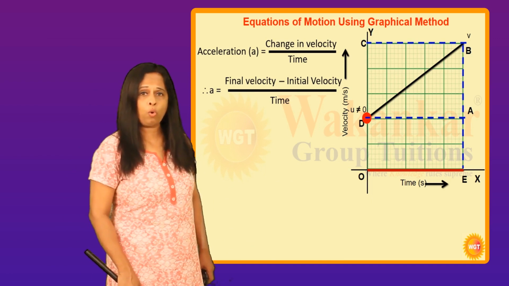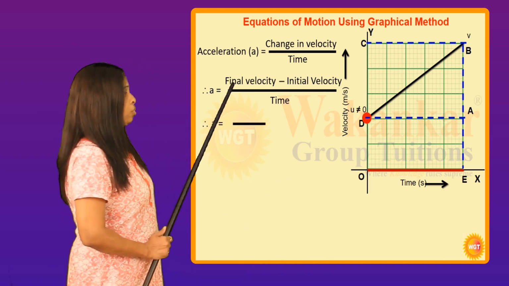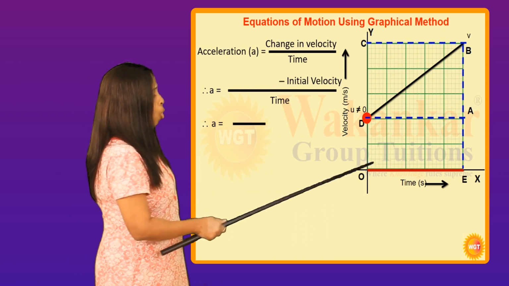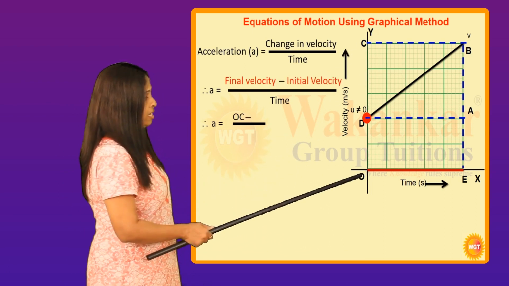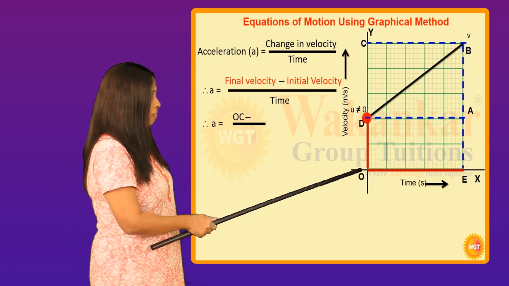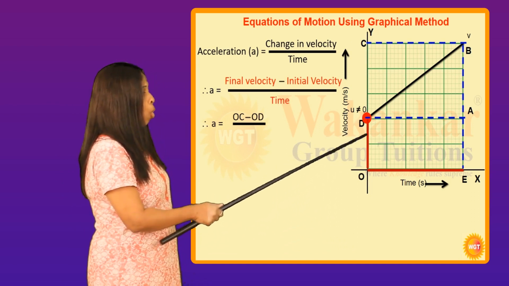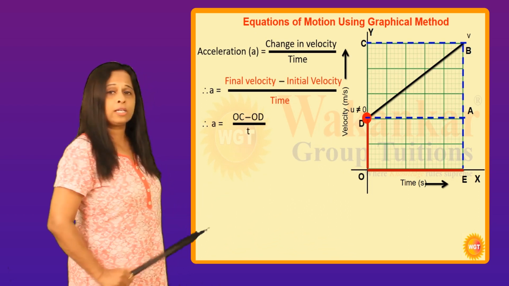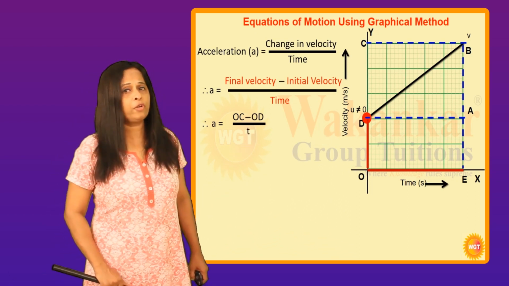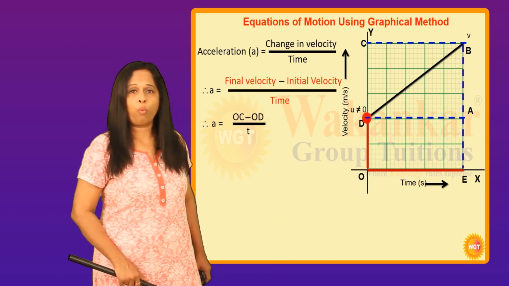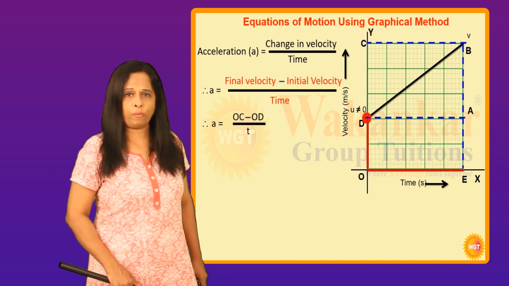Let us see how. Final velocity, students, we already have seen, is nothing but OC, that is v. Initial velocity is nothing but OD, and upon time t. We are not going to substitute t as OE. Why? You will understand after 2 minutes.